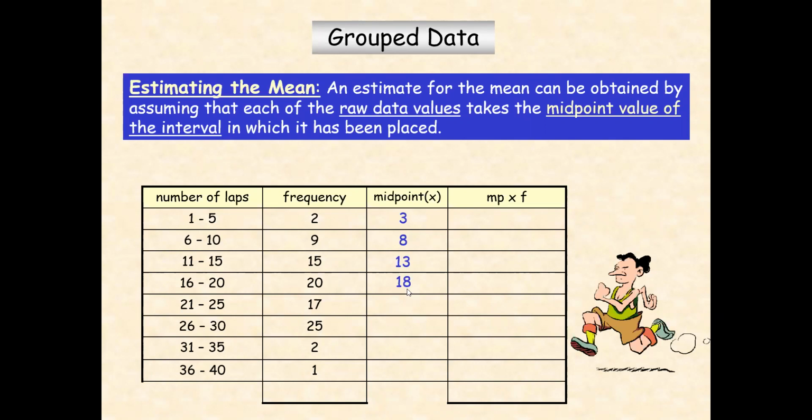Then I'm getting 13, I'm getting 18, 23, 28, 33, 38. Did everyone get that? And then we're going to multiply. What is 2 times 3?